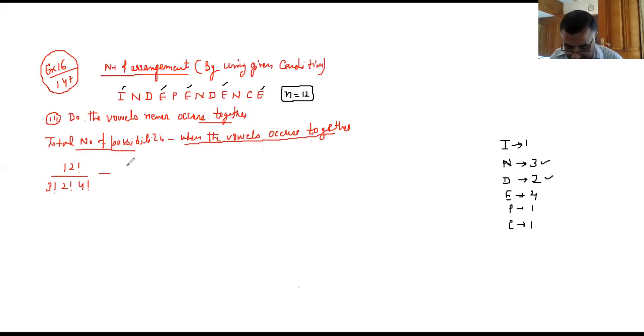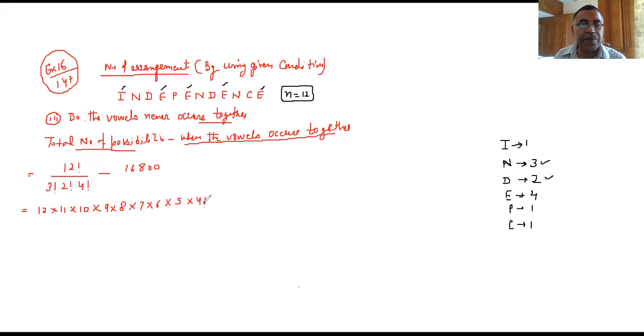When the vowels are occurring together, in the second part we have already calculated the answer: 16800. So let's solve it. 12 factorial is 12 × 11 × 10 × 9 × 8 × 7 × 6 × 5 × 4 factorial, divided by 3 × 2, 2 × 1, and 4 factorial. 4 factorial cancels with 4 factorial.